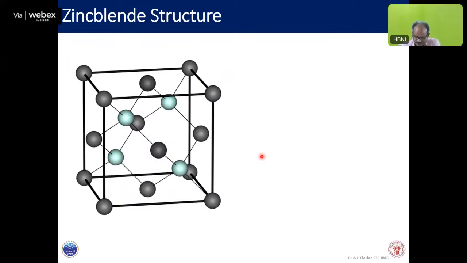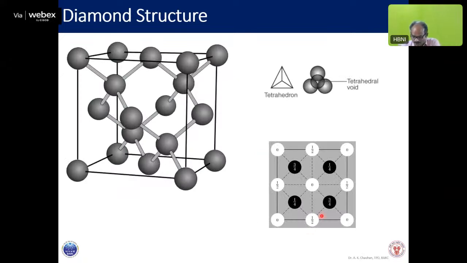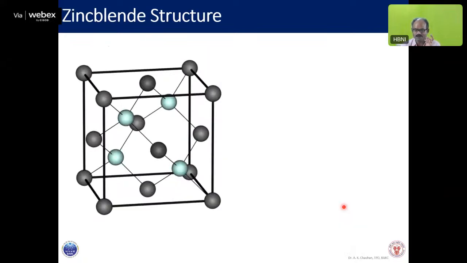So the zinc blende structure is actually nothing but this: you have an FCC structure. You can consider 2 FCC structures now. One FCC structure of gallium, another FCC structure of arsenic, and in the same way as we were doing with carbon or silicon, you interpenetrate another structure into the first structure.